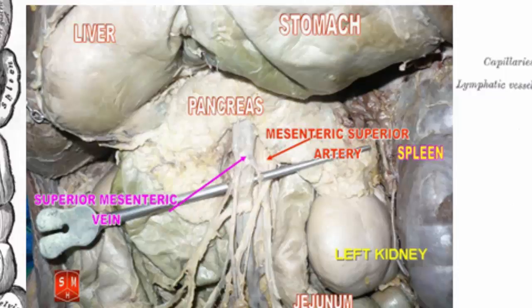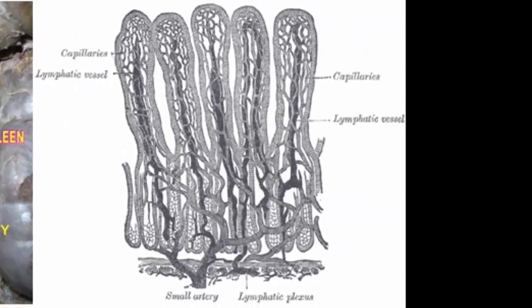The intestines are not only supplied with arteries and veins, but also with the lymphatic circulation. The lymph vessels are present in the intestine, which may help in the absorption of mostly lipophilic drugs. Fat soluble drugs or fatty substances are absorbed through the lymphatic circulation.